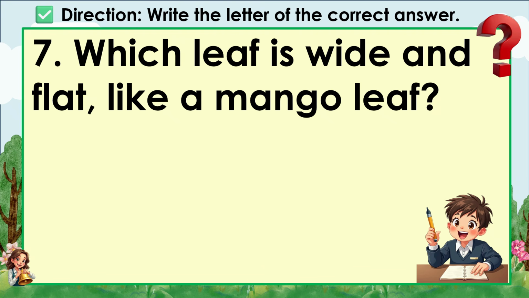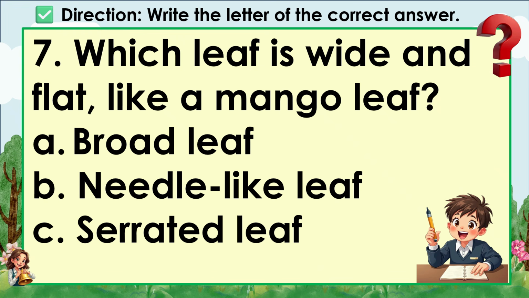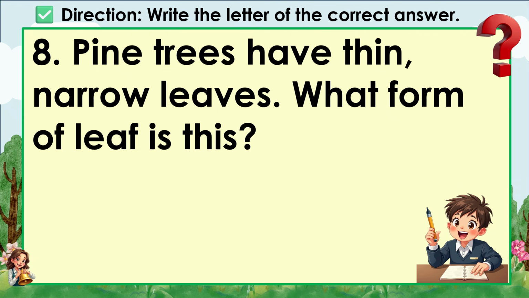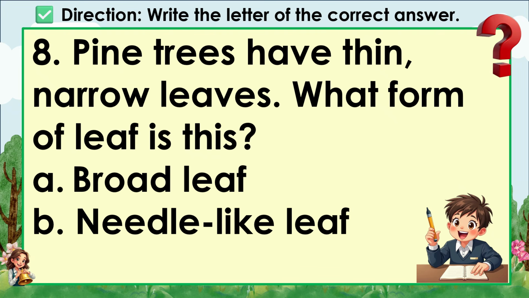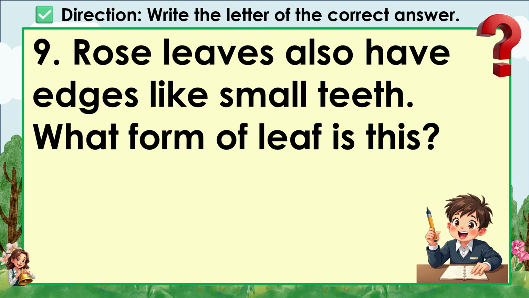7. Which leaf is wide and flat like a mango leaf? A. Broadleaf. B. Needle-like leaf. C. Serrated leaf. 8. Pine trees have thin, narrow leaves. What form of leaf is this? A. Broadleaf. B. Needle-like leaf. C. Serrated leaf. 9.